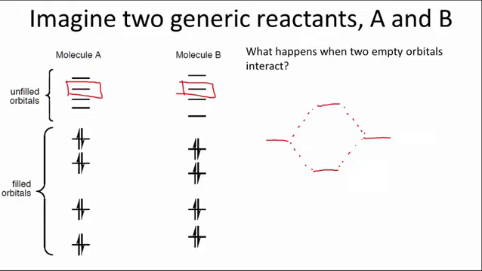I make a lower energy orbital and a higher energy orbital. And if a tree falls in the woods and there's no electrons there to occupy the orbitals, does anyone care? No. Here there's no net stabilization because there's no electrons in either orbital. So in this case, there's no net stabilization.